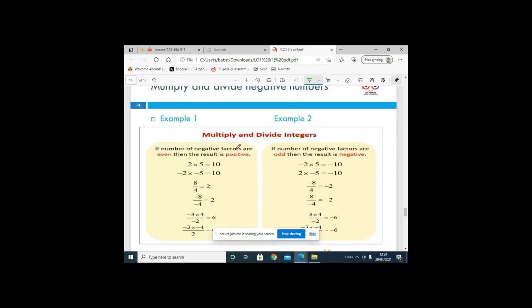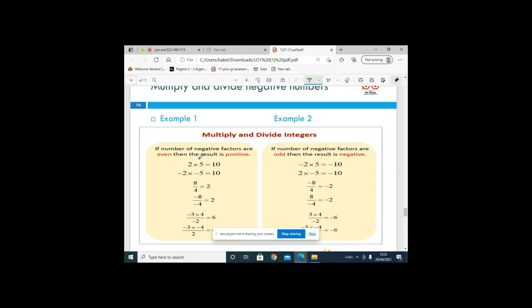So, for example now, when you don't see any sign in front of a number, it tells you that that number is positive. Please take note of that.